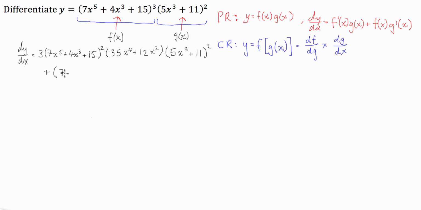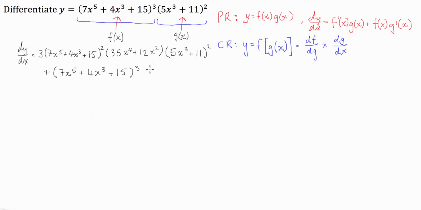So 7x to the 5 plus 4x cubed plus 15, all cubed. Then we have to multiply that by the derivative of this.